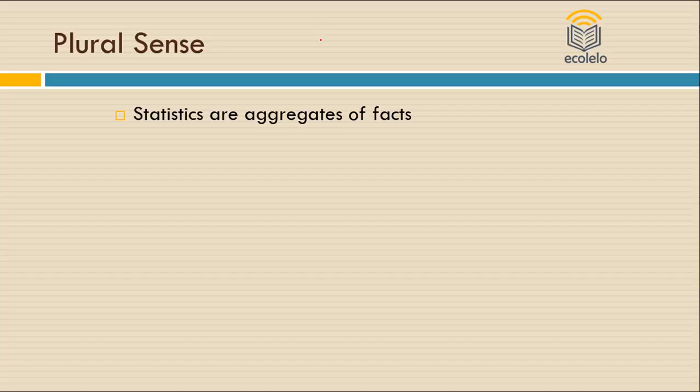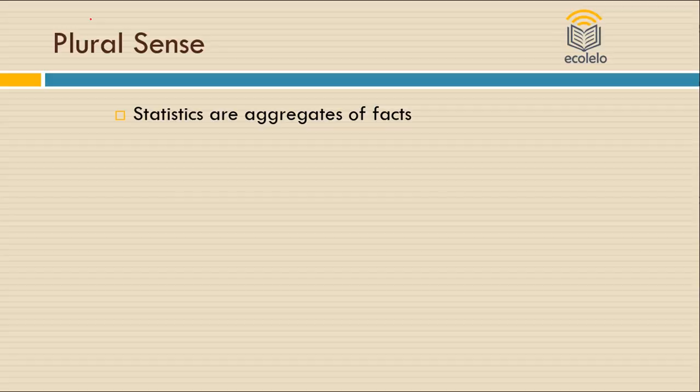First, statistics are aggregates of facts. Remember one thing, that an individual data is never statistics. It is always aggregate of facts that becomes data. For example, if I say that I am 5.6 inch tall, it makes no sense as far as statistics is concerned.